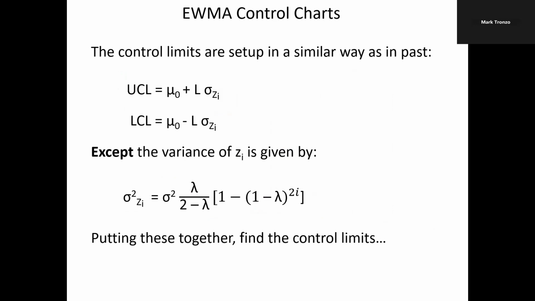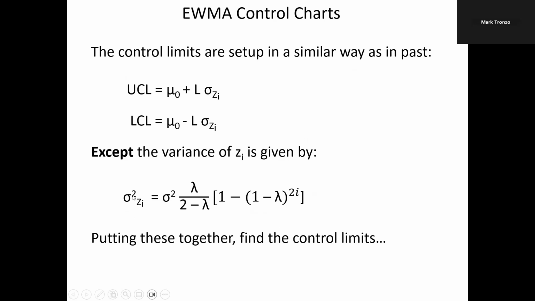Now, the control limits for the EWMA chart are actually variable. And we have the same form as we've had before for the control charts. We have our process mean plus L times our standard deviation. Remember, L is usually the number of standard deviations, and we've usually used 3 for this. So the form is the same, except this variance on the right, or standard deviation, which takes the square root of it, is given by this much more complicated equation.